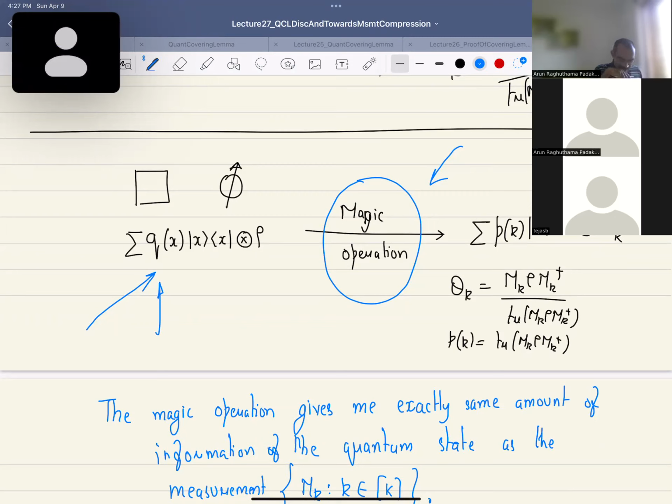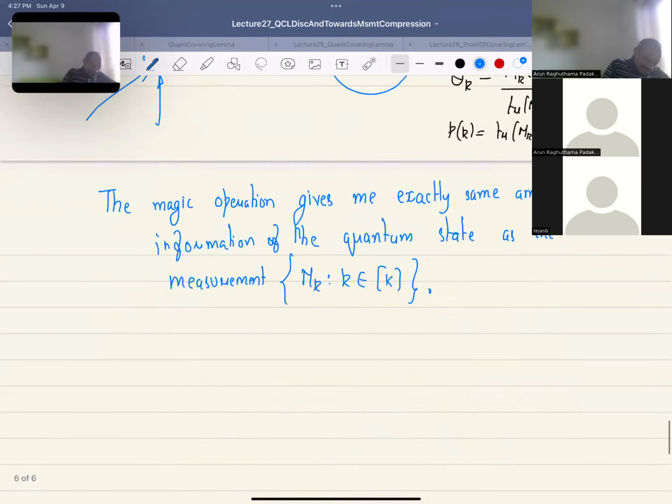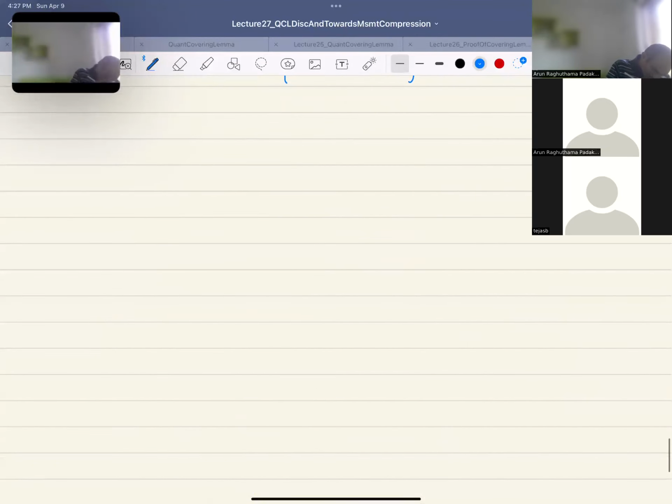Yes. Okay, great. So can we simulate the measurement process? That's the question. So what I will do is the following. Now I will take the following scenario. Alice has this quantum state rho. So scenario one, the original scenario.